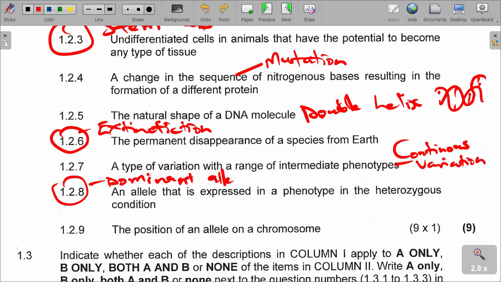I was giving you this in the beginning, where we can say heterozygous. In the heterozygous condition, dominant T is representing a tall plant, even if there is a recessive allele, homozygous recessive t there.